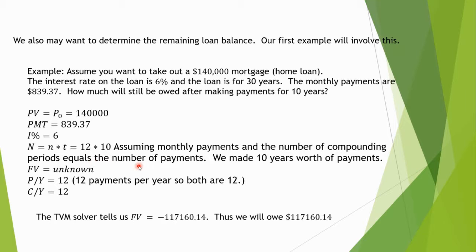But FV is what we want to know. We want to know, how much is left. Again, it may not be obvious only because we have interest floating around. And since we're making monthly payments, it's being compounded monthly. So these two are 12.